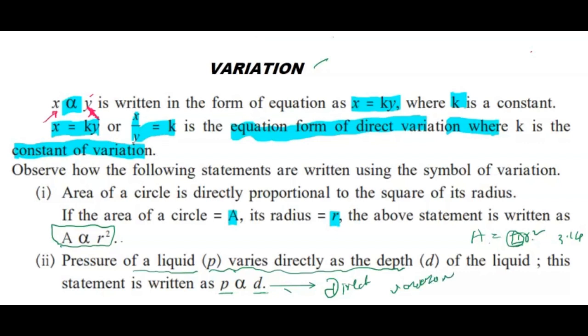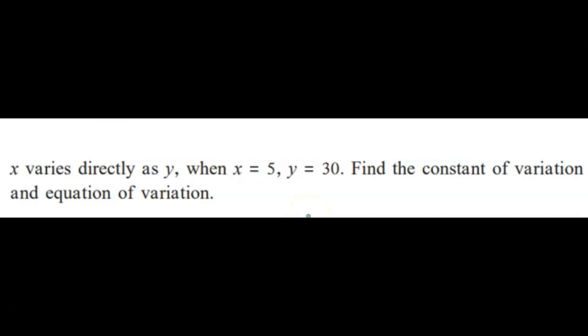Okay, we'll go ahead with some examples. Assume that x varies directly as y, with x equal to 5 and y equal to 30. Find the constant of variation. That means x is directly proportional to y, so we use the formula x equals ky.